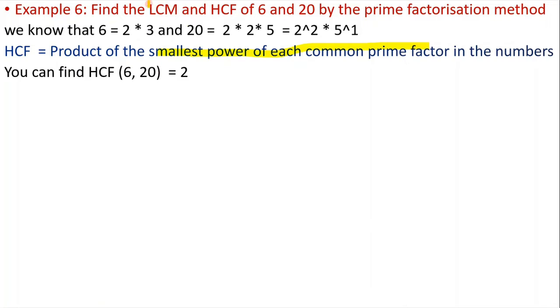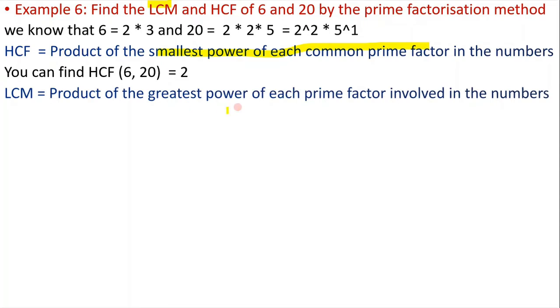Now, to find the LCM: the LCM is equal to the product of the greatest powers of the prime factors present in the two numbers. We first see what prime factors are available in the given numbers. For 6 they are 2 and 3, and for 20 they are 2 and 5. So 2, 3 and 5 are the three prime factors available in the two numbers.